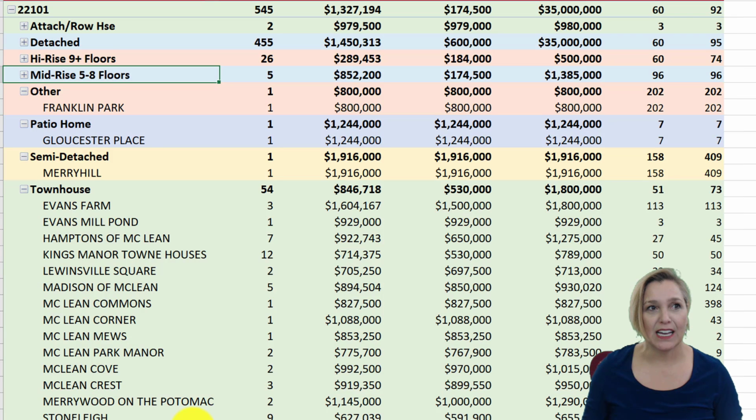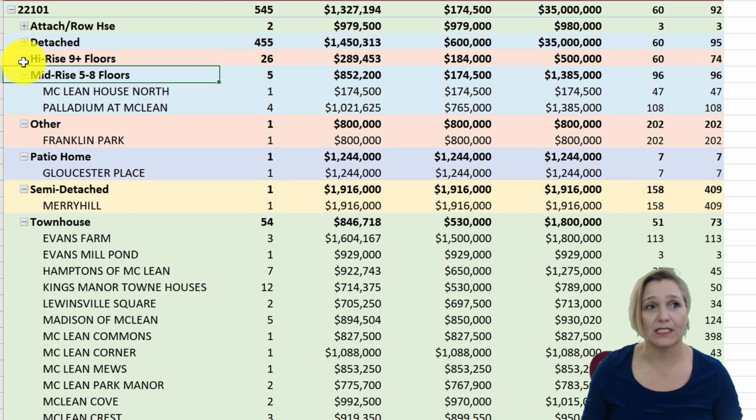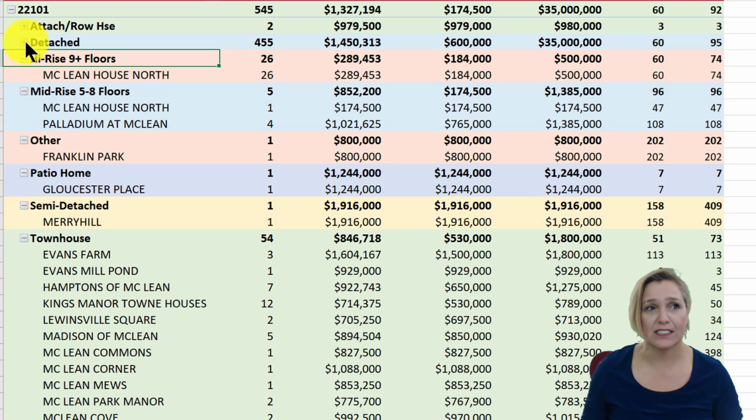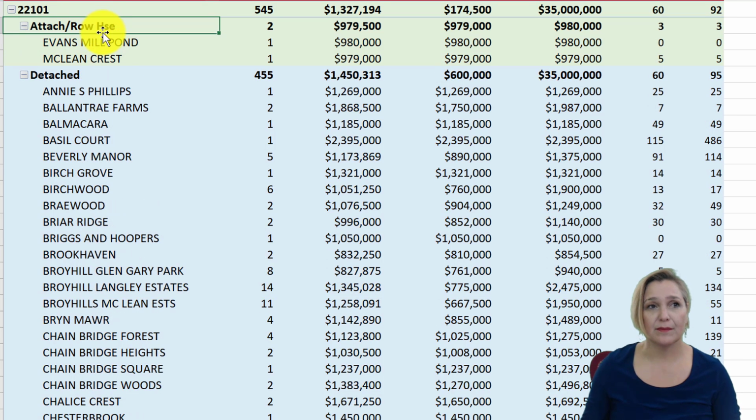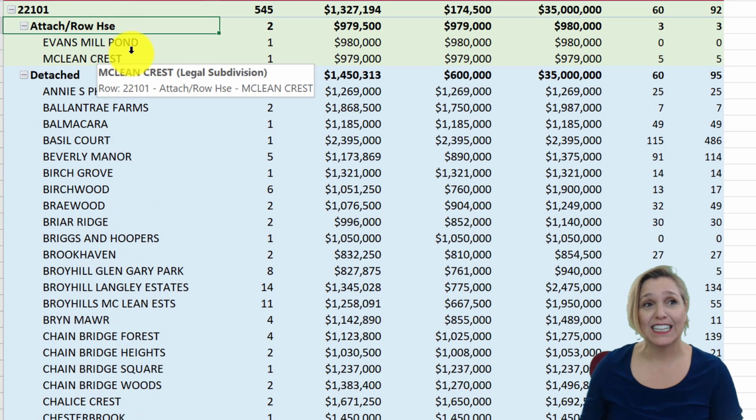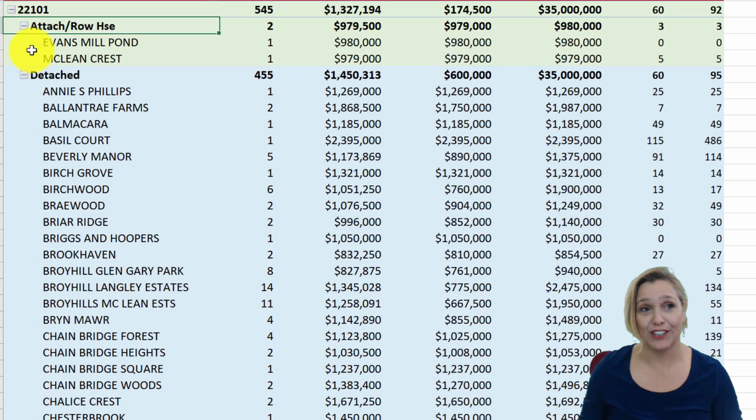So the next one we have is by zip code, and you can see here you're going to be able to see all of the details of this. So we have by zip code, by property type, and then all the way down to neighborhood information.